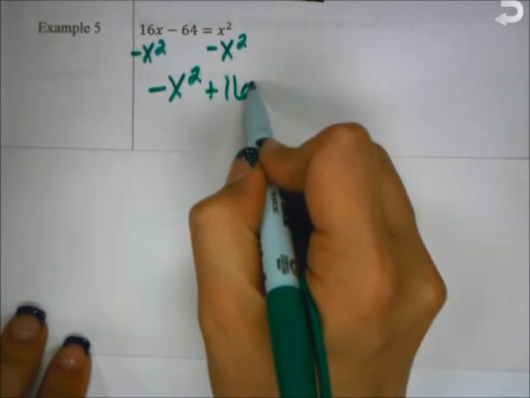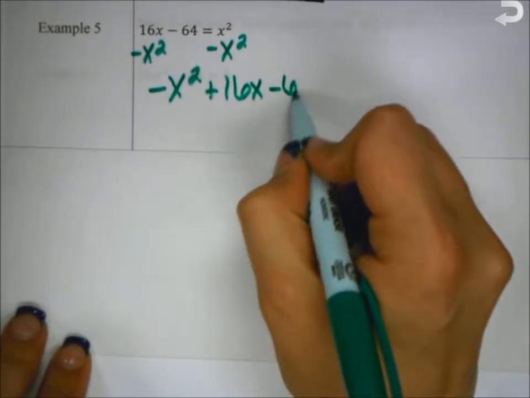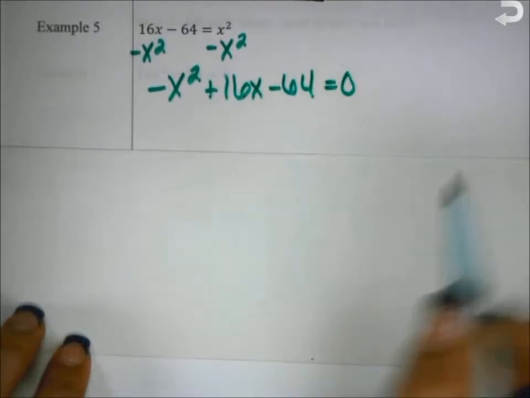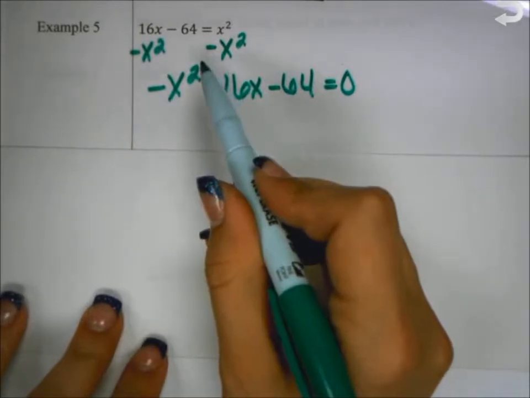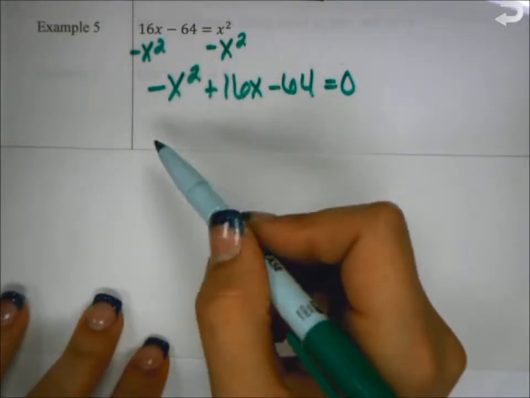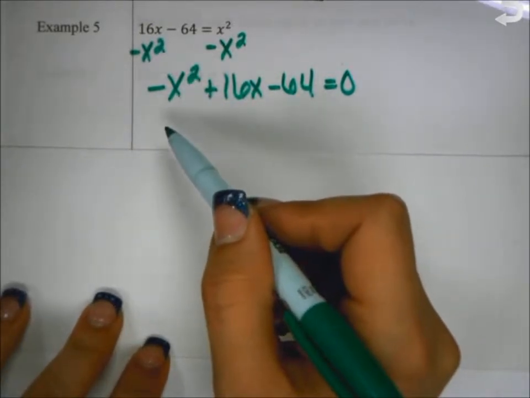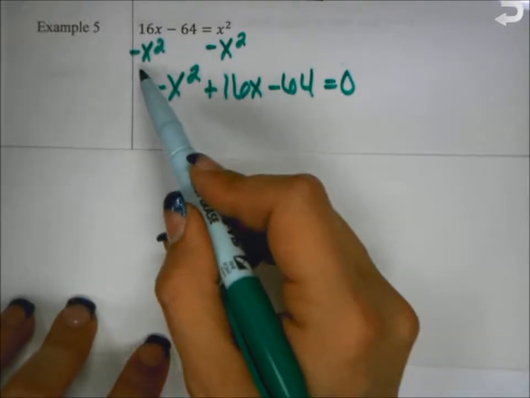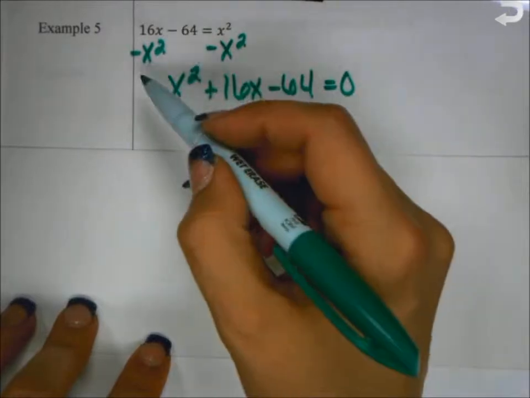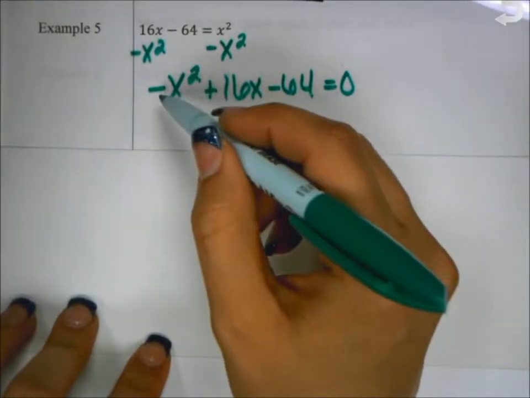Is my largest term positive though? No. So what am I going to do? We could multiply it by a negative, right? Or we could add x squared to both sides, subtract 16x from both sides, add 64. Why don't we multiply by negative?